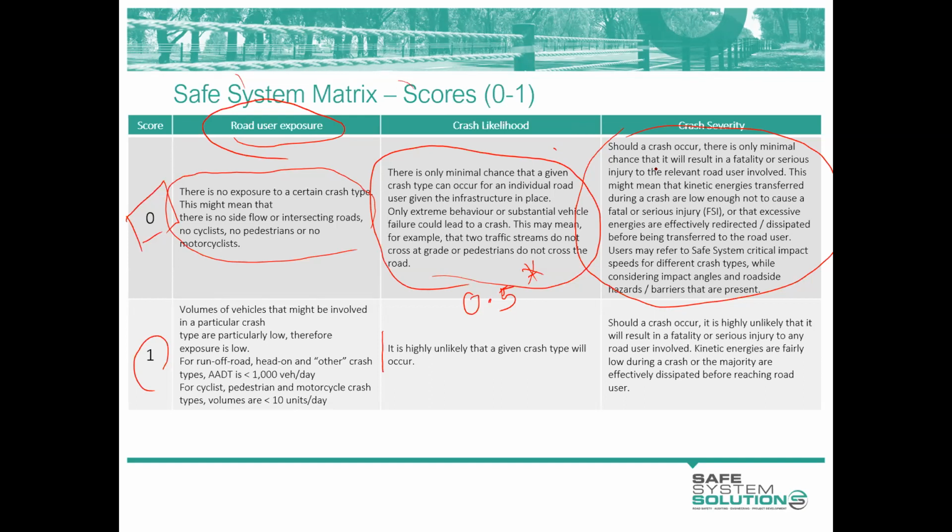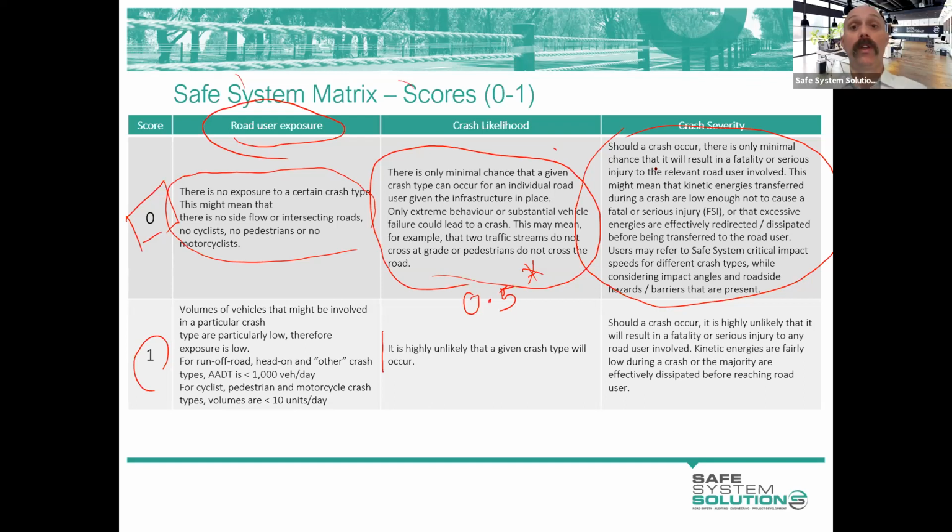Okay, thank you. Scoring for exposure. What if pedestrian numbers are very high but vehicles are low? For example, a high place value. Would you score low as not many vehicles? No. So that's a really good question. If you had huge volumes of pedestrians, let me use my matrix.